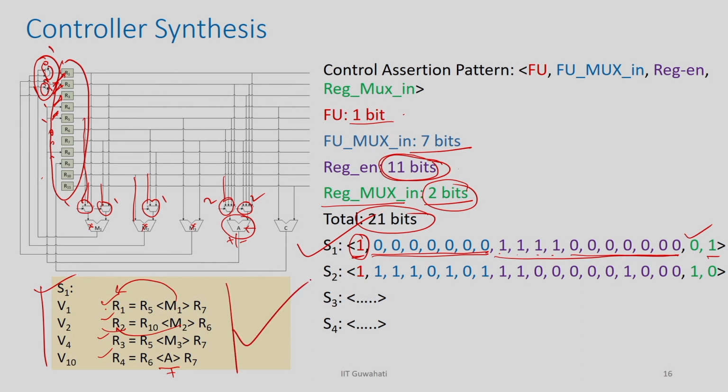Okay. Similarly, in control state 2, I am going to give these signals and the corresponding set of RT operations is going to happen. I do the same thing for all other states, right. This is how the controller will be synthesized. So, the summary of this controller synthesis is: you identify the control signals needed for FUs, for the muxes, for the register enables, and for the input muxes for the registers.